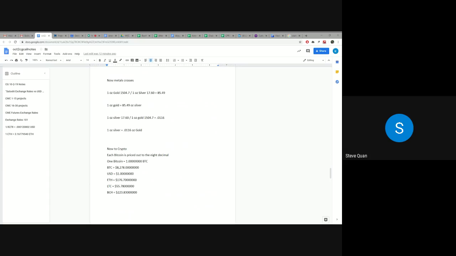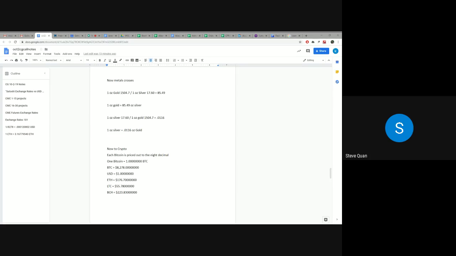Now to what I think people actually wanted to hear about, instead of Steve's random crosses. So here were the prices of certain cryptocurrencies earlier today. I don't know if they're still there, but I wanted to keep them at a static price so these examples would make sense. So 1 Bitcoin, Bitcoin is going to be the measure that we're focusing on.